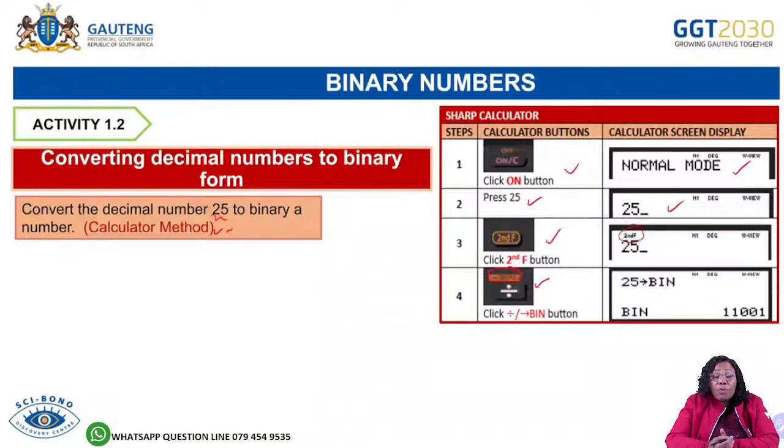So you just press your division button, then it will show 25 with an arrow binary there. Okay, automatically it will give you the answer that is 11001. But be careful, it does not show your base 2 there. Okay, but it can give you your final answer exactly as applying the method that you have applied previously. So this will also assist you, grade 12, to find the correct answers there.